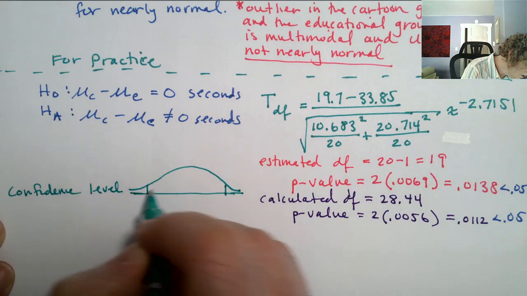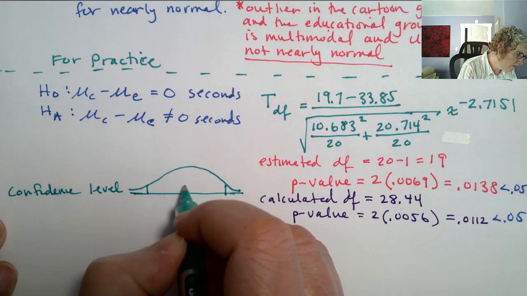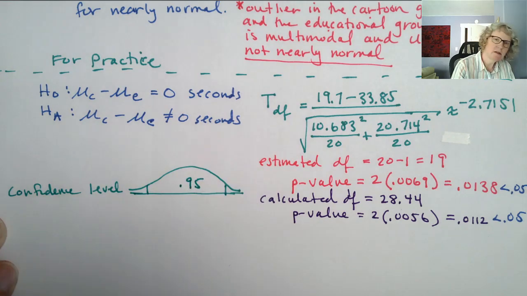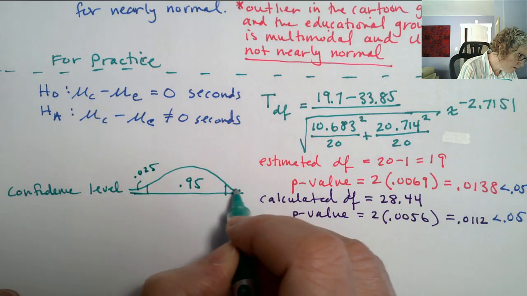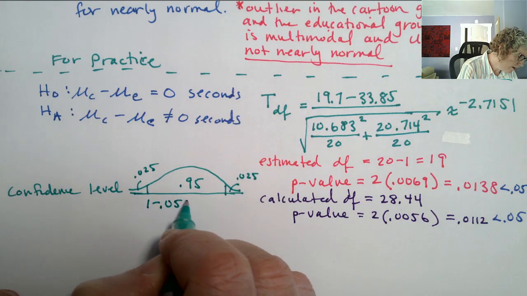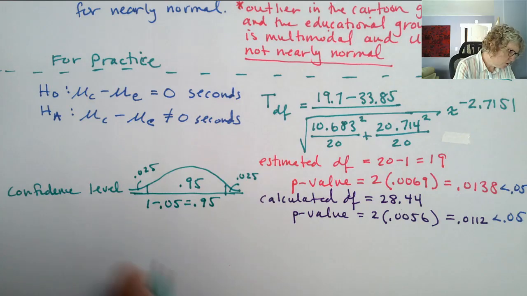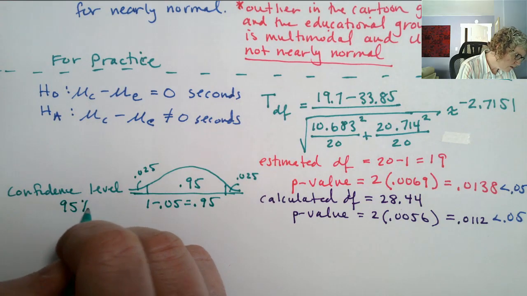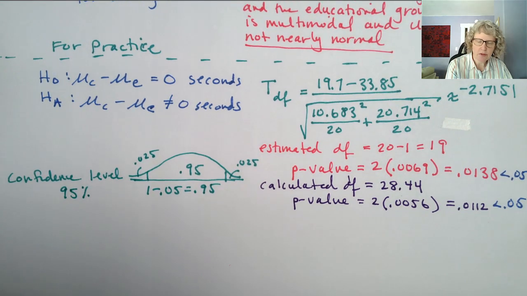We're doing a two-tail of 0.05, so that is going to leave 95 in the center, right? So this is the 0.025, 0.025, or 1 minus 0.05 is 0.95. Okay, so we're going to do 95%. And we'll do this one both ways as well. We'll do both degrees of freedom and see how that comes out.